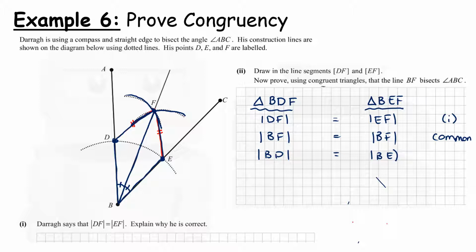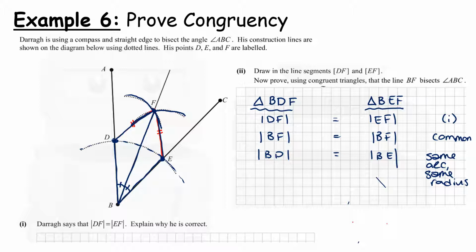Sorry, it should be our straight line, and the reason is it's on the same arc, which means same radius. You can see this arc here, and they must be the same length because it's the same radius.